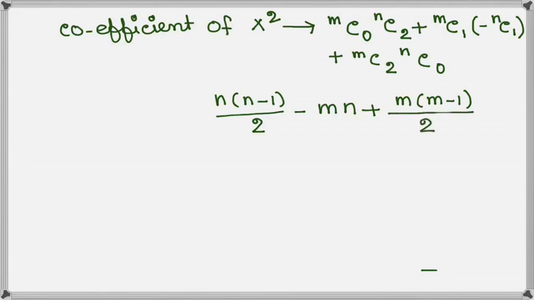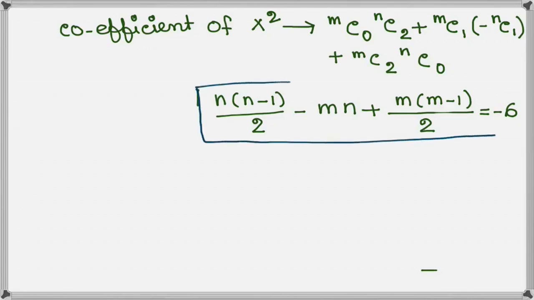Now it is given that this is equal to minus 6. So we are getting another equation in m and n. Let us simplify this equation.